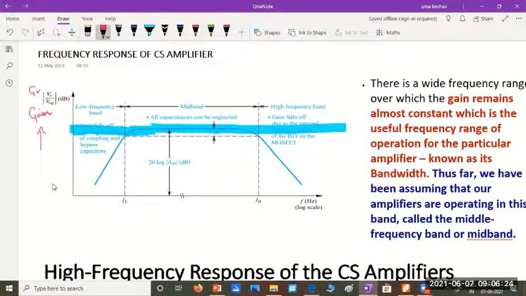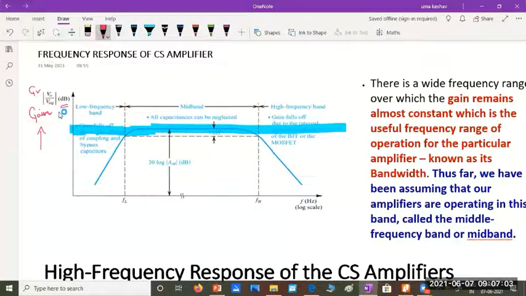This gain is plotted on a regular scale, but the unit of gain is decibels. I told you the bel was the unit coined because they decided the best thing is it should match our audio range, the human hearing range of our ears. So our ears could tolerate volumes or power levels; in bel would have been too high, decibel would be something better. So they decided to use 1/10 of a bel, or decibel, as the unit for gains.